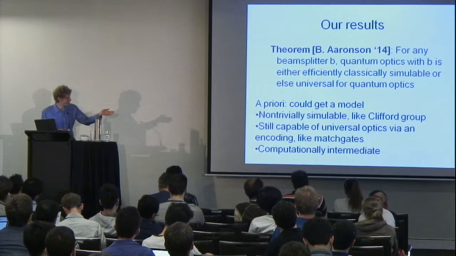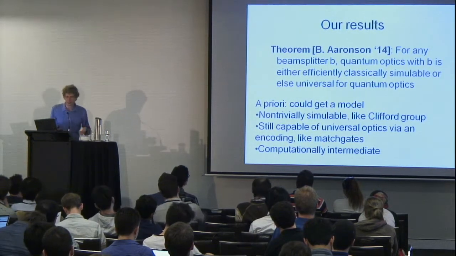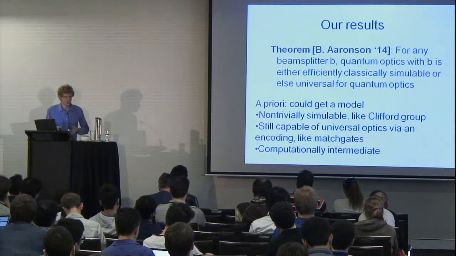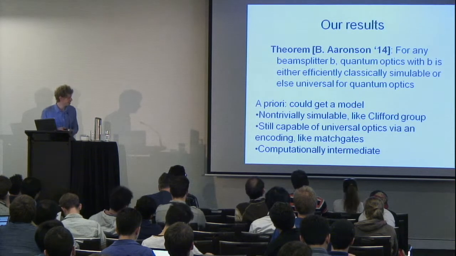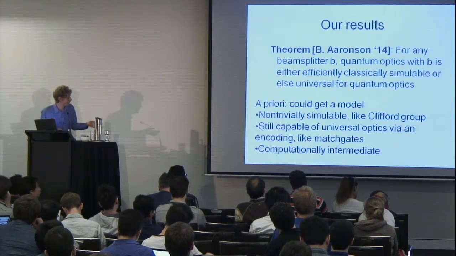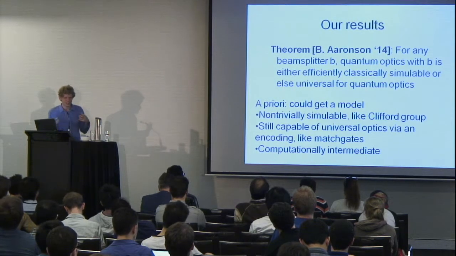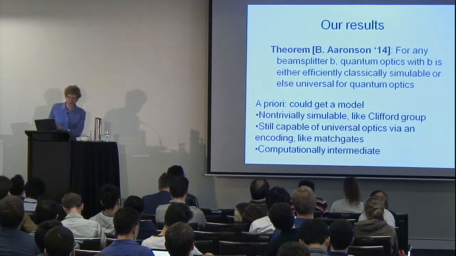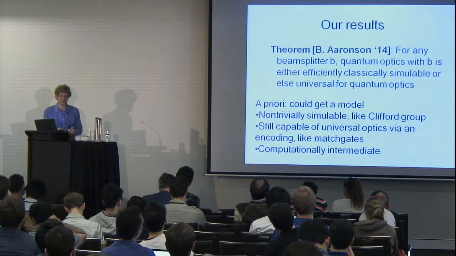Or you could imagine that you could come up with some set of beam splitters which can still perform universal optics, but only via some sort of clever encoding. Or you could imagine something which is computationally intermediate, a set of beam splitters that doesn't let you perform boson sampling, but still isn't efficiently classically simulable.